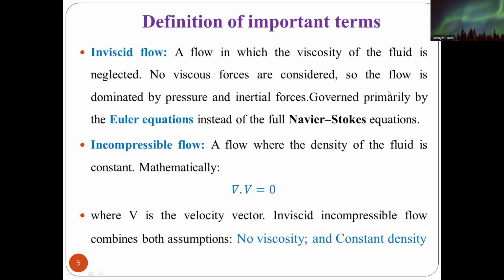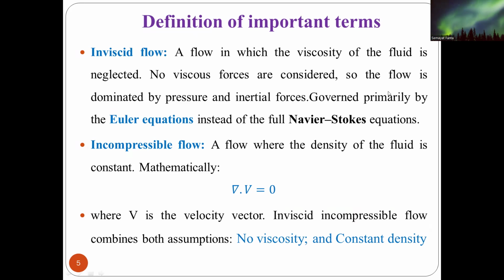Maybe the velocity range is up to Mach 0.3. In the mathematical representation, the incompressible flow is denoted with the divergence of velocity equals 0.